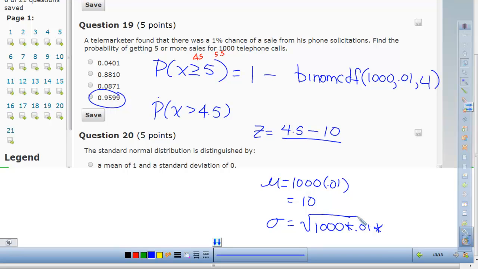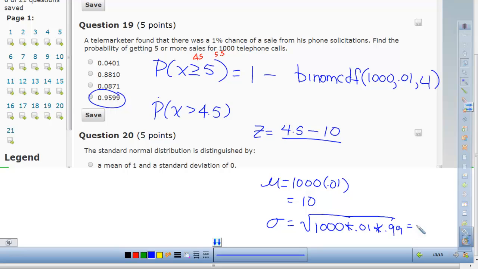Q in this case is 0.99. I got 3.1464 for my standard deviation.